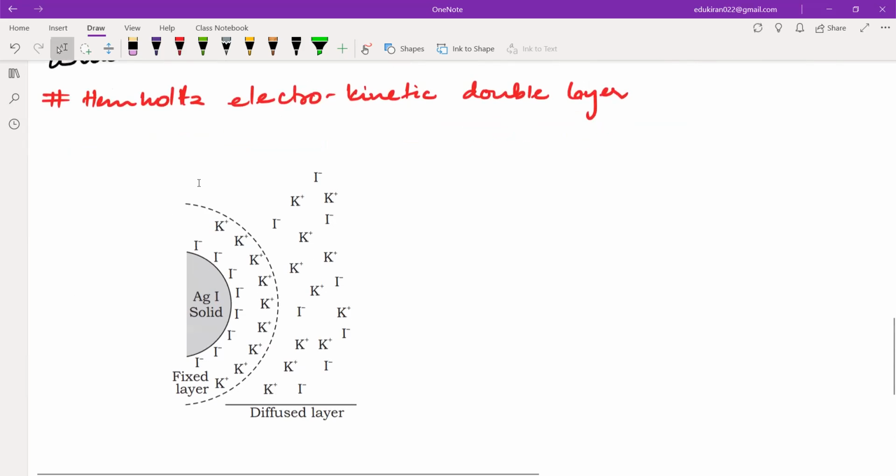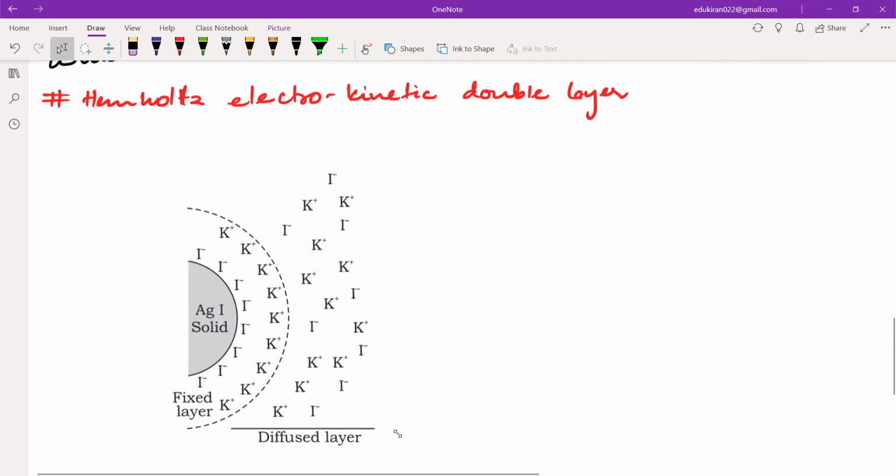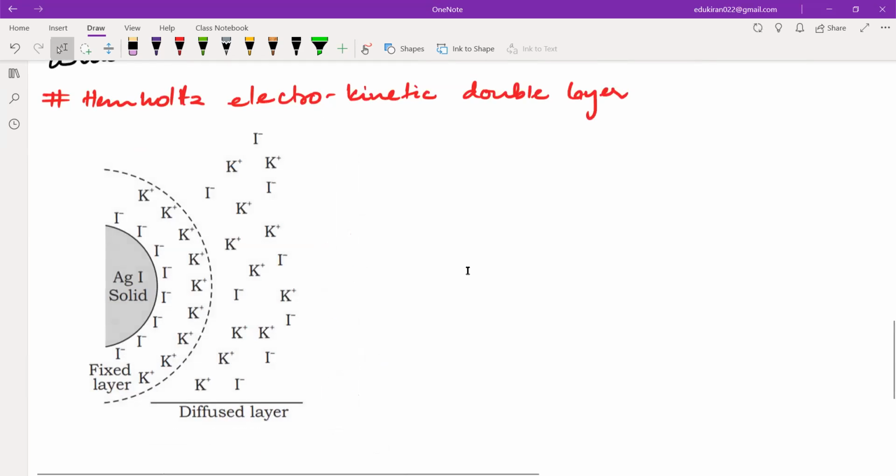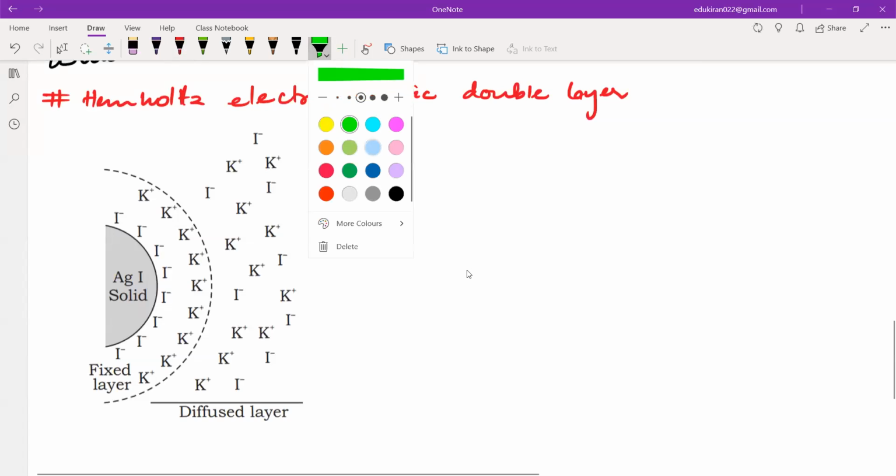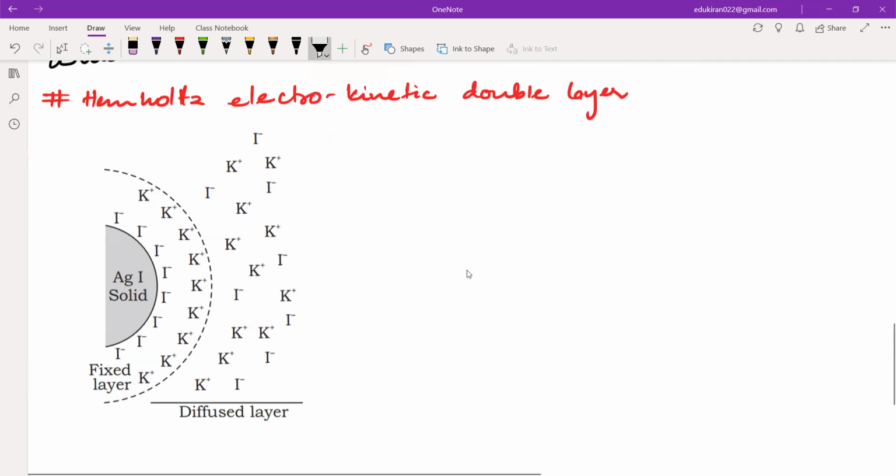So it is nothing that we have not seen. It's the same thing that I was talking about. We have this AgI solid, and this AgI solid is attracting the iodine negative from the potassium iodide. Then this iodine negative is attracting the K positive.